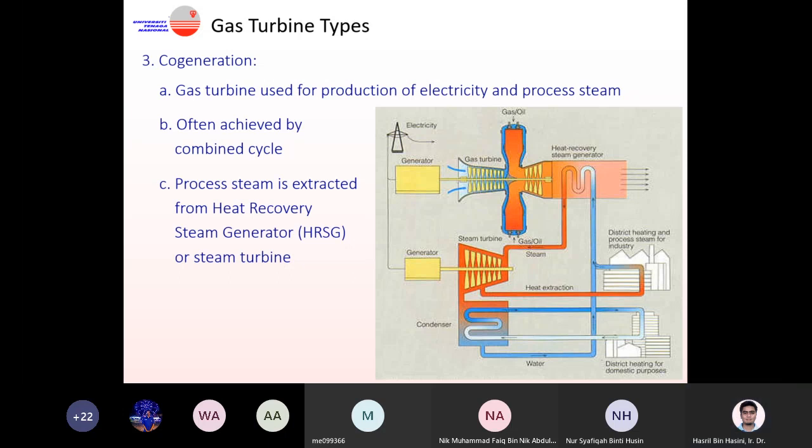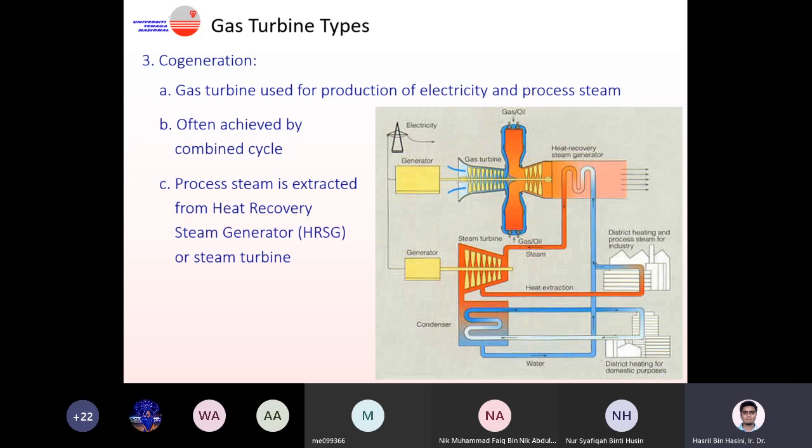At the same time, you have a steam turbine, whereby the steam turbine is the non-condensing type. They use the steam to run their processes in that company. In other words, the gas turbine is used to produce the electricity. You obtain the hot exhaust gas. The hot exhaust gas is used to heat up water, so water becomes steam.